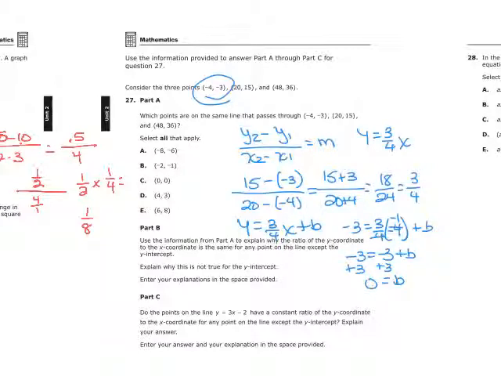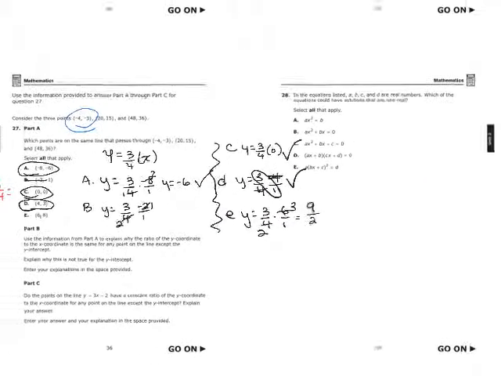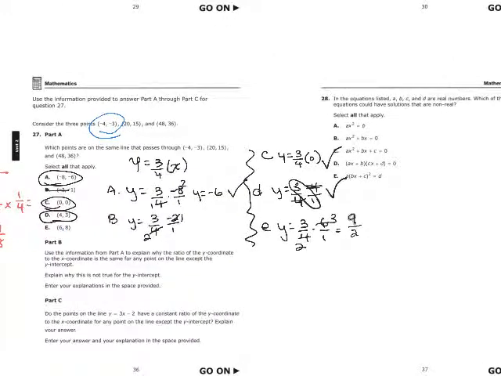And then you can stick all these points in and find out if the x's in these ordered pairs give you the y's in the ordered pairs, and that'll help you. So let's start with, I'll change colors here. Okay, so I went ahead and just did these to save time.